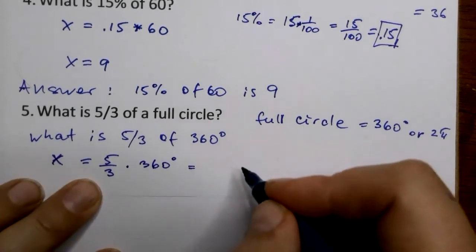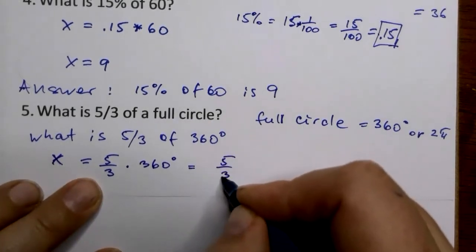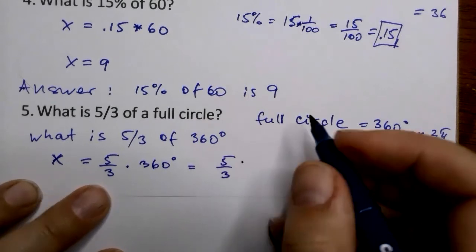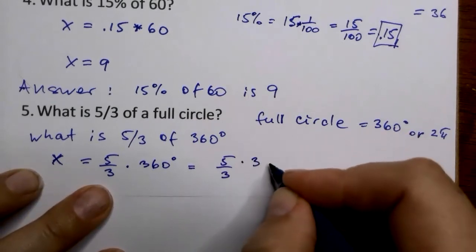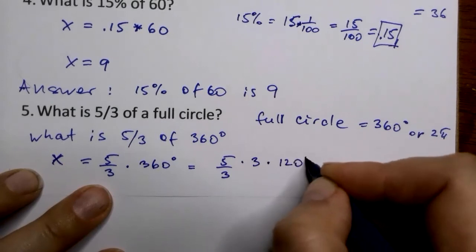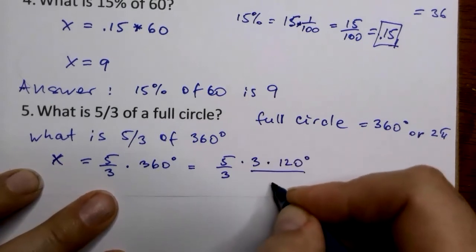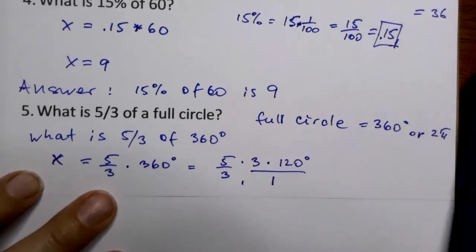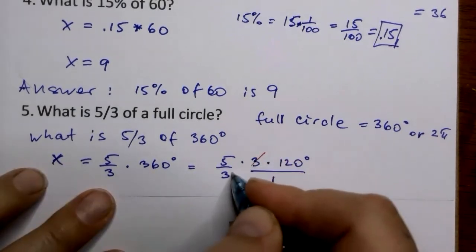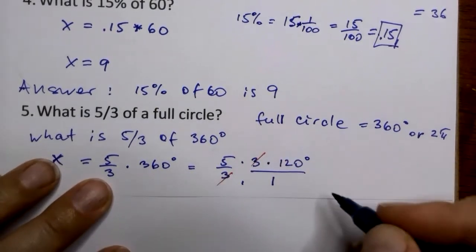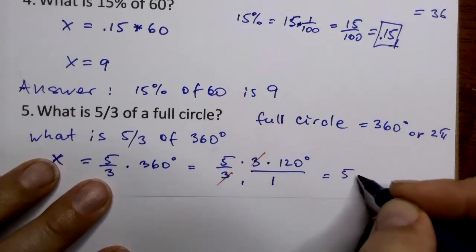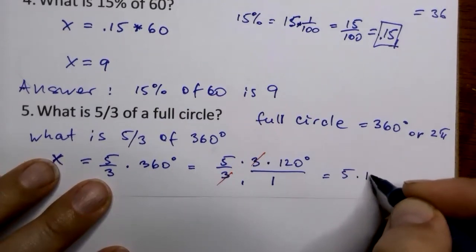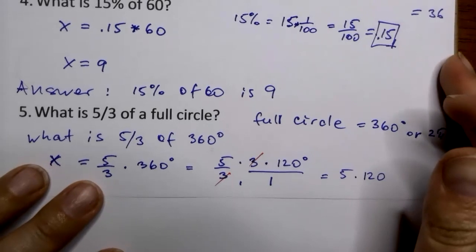And again, doing it the same way we did before, I'm going to split 360 into 3 times 120 over 1, and then I'm going to cancel out the 3s, and I'm going to have 5 times 120.